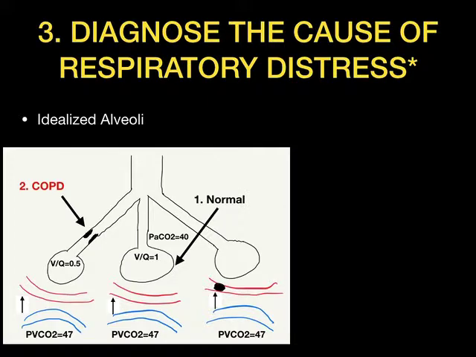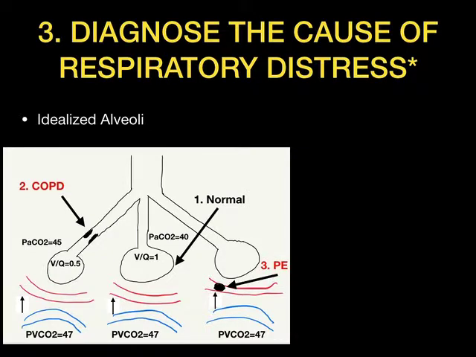Now the VQ will be mismatched, and the ventilation will be much less than the perfusion. Now, because there's so much time spent around the capillaries, our PaCO2 will actually probably be a little bit higher. It'll be about 45.